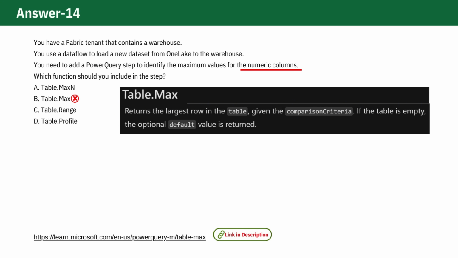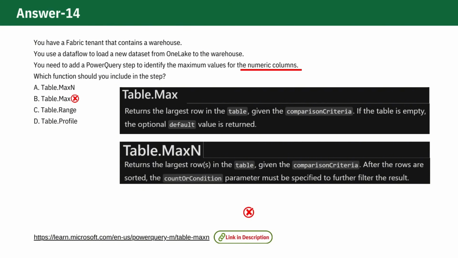Let's see the other options. Option A, Table.MaxN. This function returns the largest row or rows in the table, given the comparison criteria. It's not designed to return the maximum values for each numeric column. Option C, Table.Range. This function returns a specified number of rows from a table starting at a specified offset.